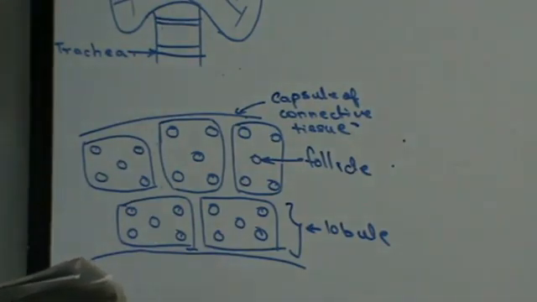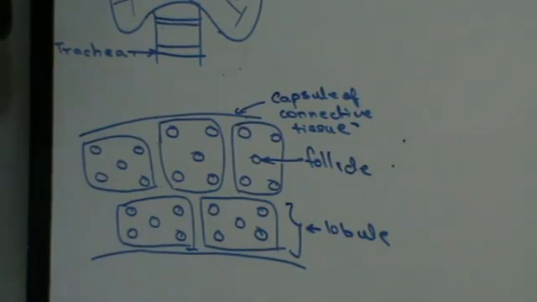Right, that's the follicle. Okay, that's my TS of thyroid gland. So I've shown you where it is. It's just below the larynx and it's in front of the trachea.